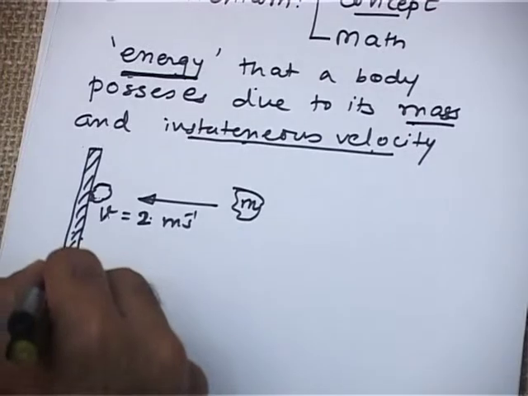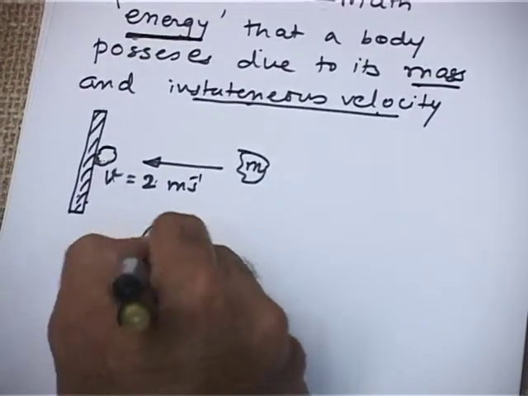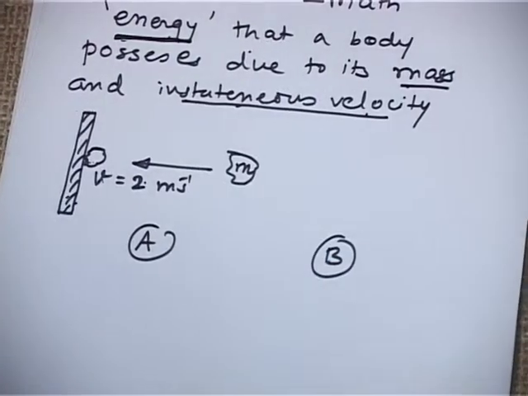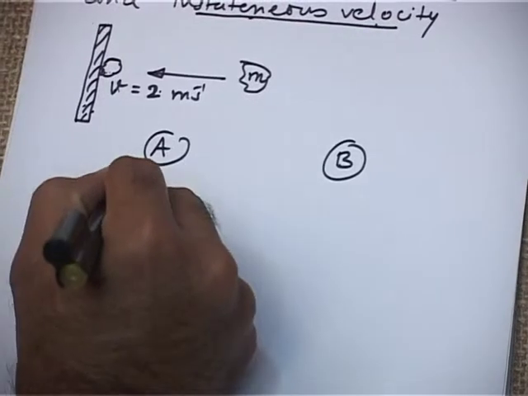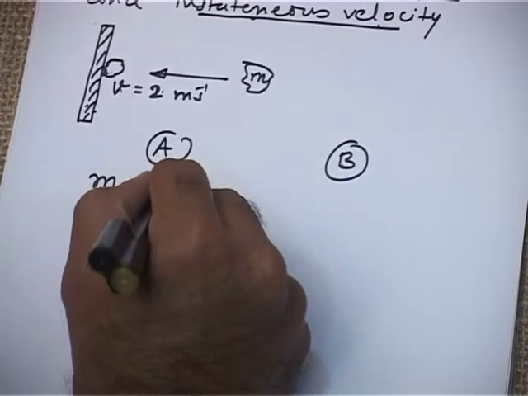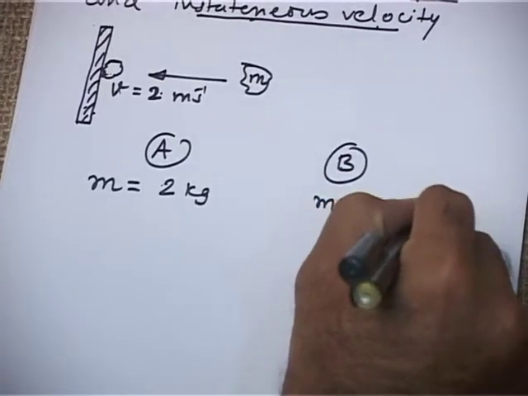So energy possessed due to mass and instantaneous velocity. At this point in time, I want to take another example, the example of two bodies. Let us say body A and body B, two bodies of different masses, say a body of mass 2 kilogram and a body of mass 20 kilogram.